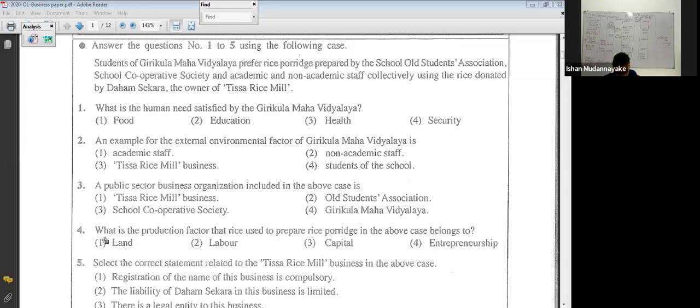Question number 4. What production factor does the rice used to prepare the rice porridge in the above case belong to? What's the answer?